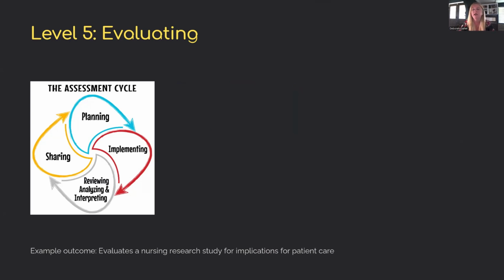So this is critically assessing the information, the methods, and the outcomes correctly, and being able to see all those individual pieces, put them together, analyze what they mean, and make judgments about patient care. So for example, evaluate a nursing research study, quality improvement, stuff like that.